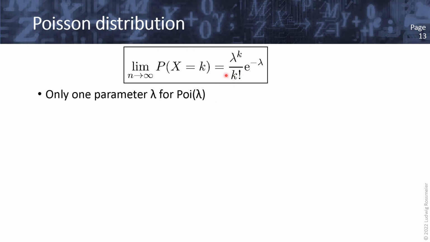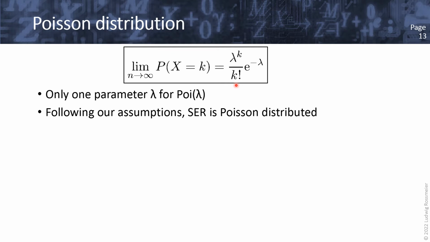K is the parameter, it's the value for which the probability has to be determined. Following our assumptions, the soft error rate is Poisson distributed, since usually we talk about rare events, that means only a low number of bit flips.